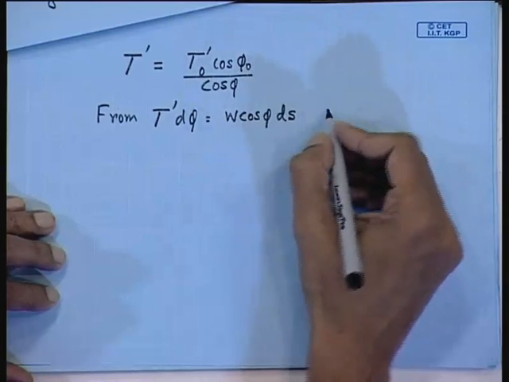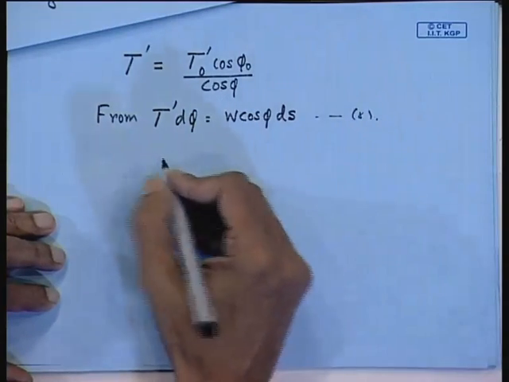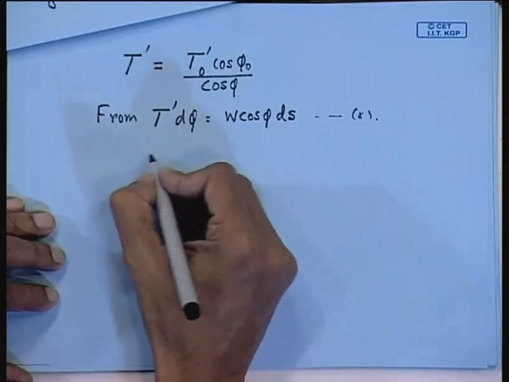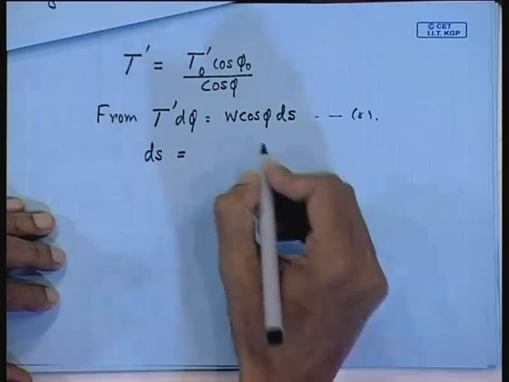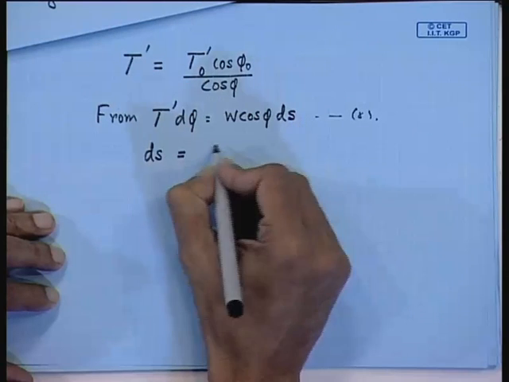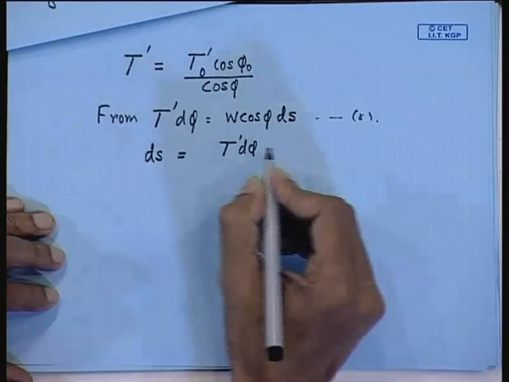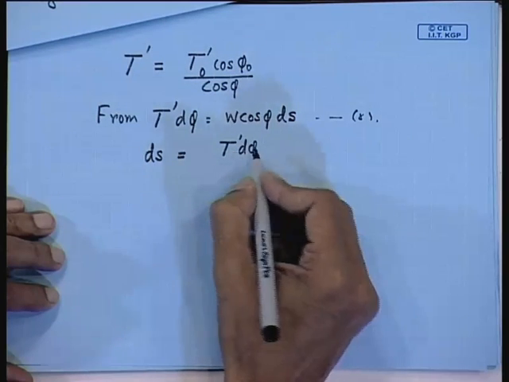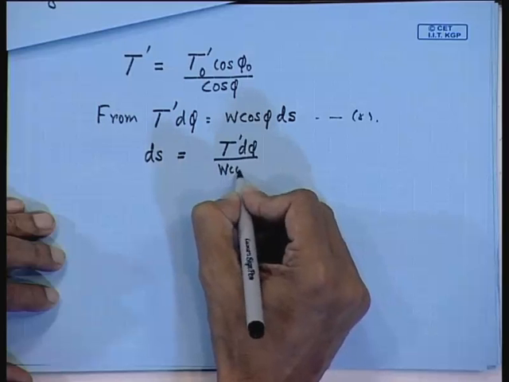So this is your equation 8. From here, first you find out the expression for ds. So ds is T prime d phi divided by W cos phi.